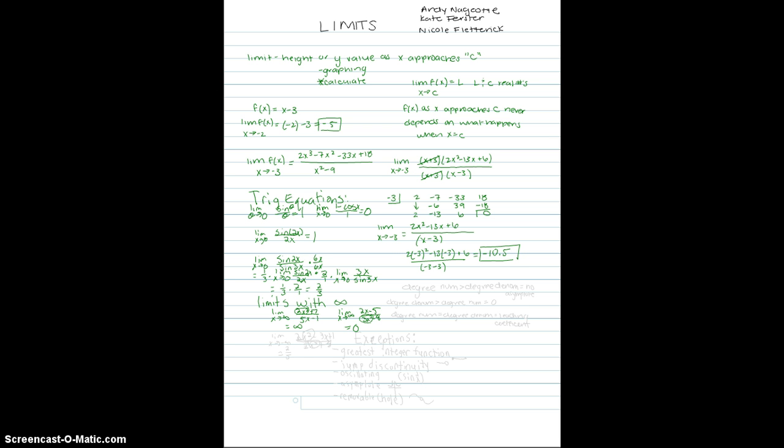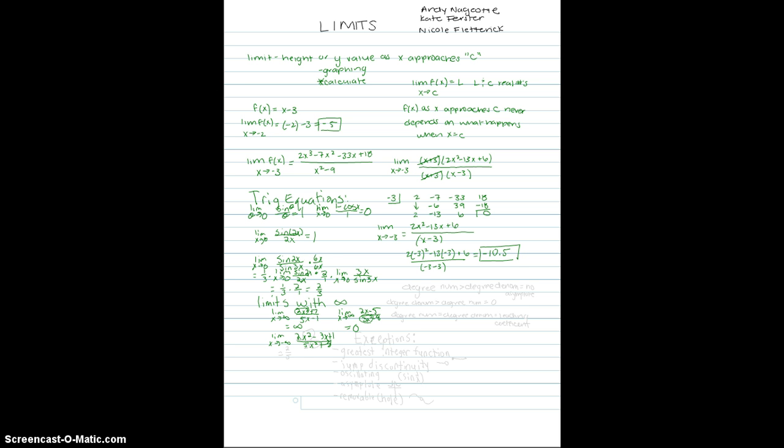Now, if the exponents are the same for both the numerator and the denominator, then you would use the leading coefficient of those two numbers to get your limit. An example would be the limit as x approaches negative infinity of 2x squared minus 3x plus 1 all over 5x squared plus 8.